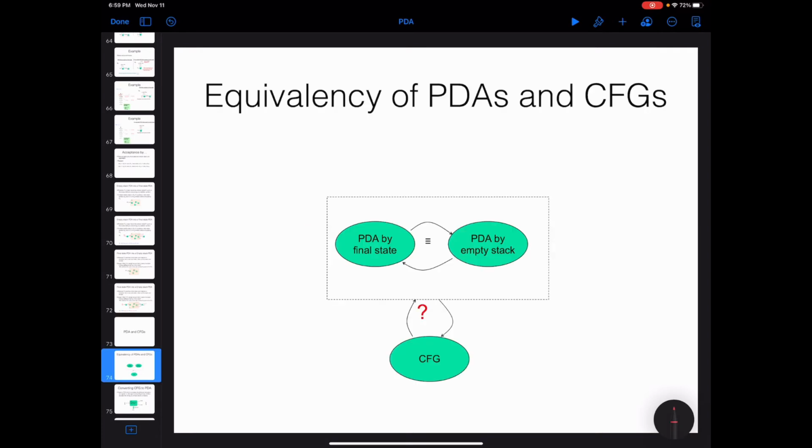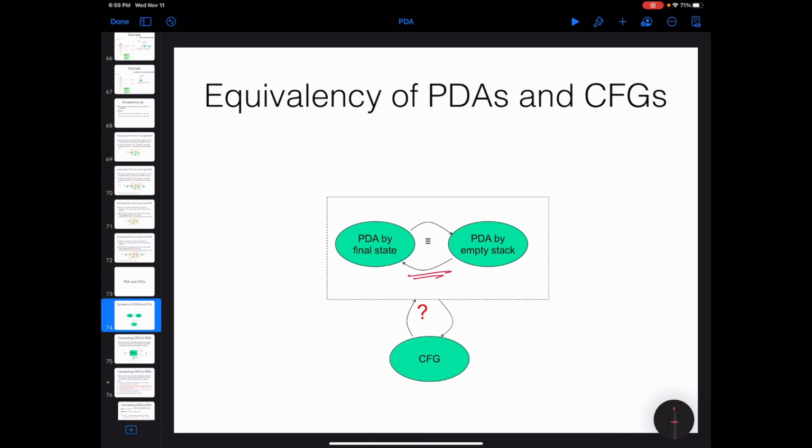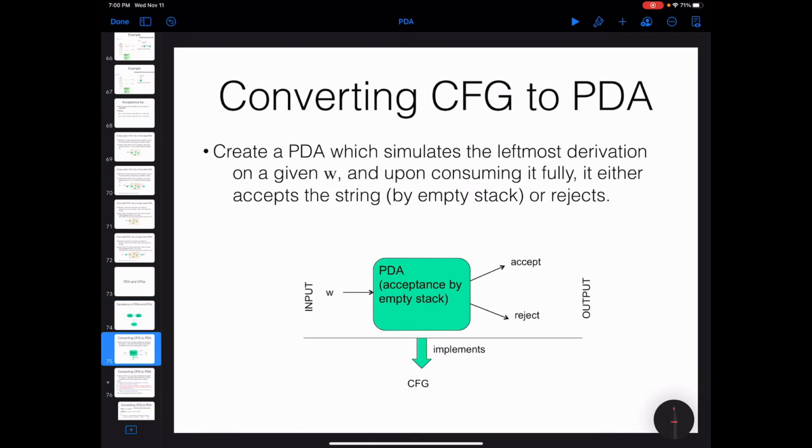So in this slide, you can see that we already know that it doesn't matter if you have a pushdown automata that accepts by final state or empty stack, they are equivalent. We can convert them to each other. And now I'm going to show the relationship between them and the context-free grammars, basically how we can prove they are equivalent. So first I'm going to show you how, if you have a context-free grammar, we can create an equivalent pushdown automata for that.